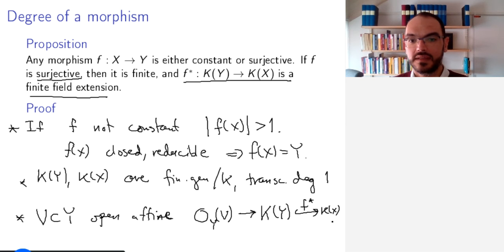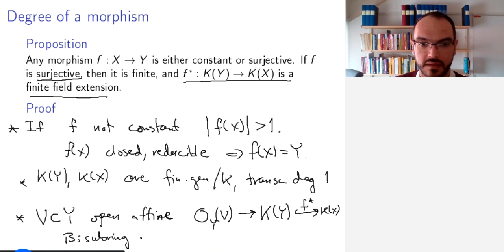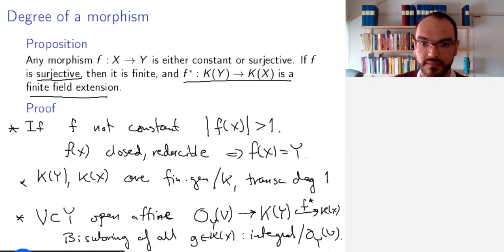And so you look at the elements in k(X) that are integral over this algebra. So you set B to be the subring of all g in k(X) that are integral over O_Y(V).